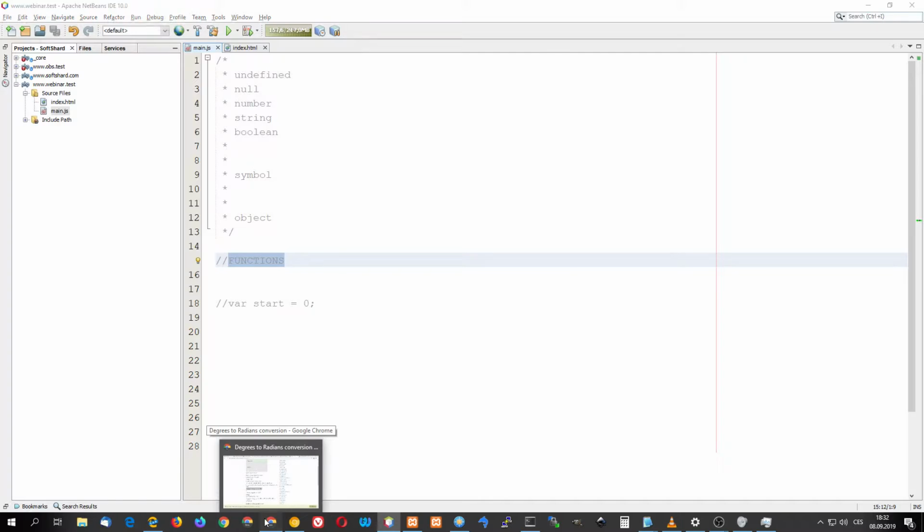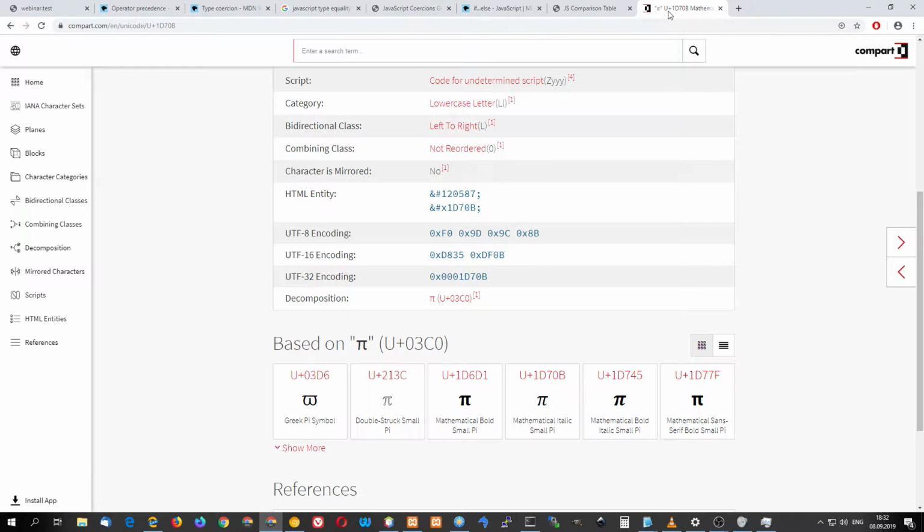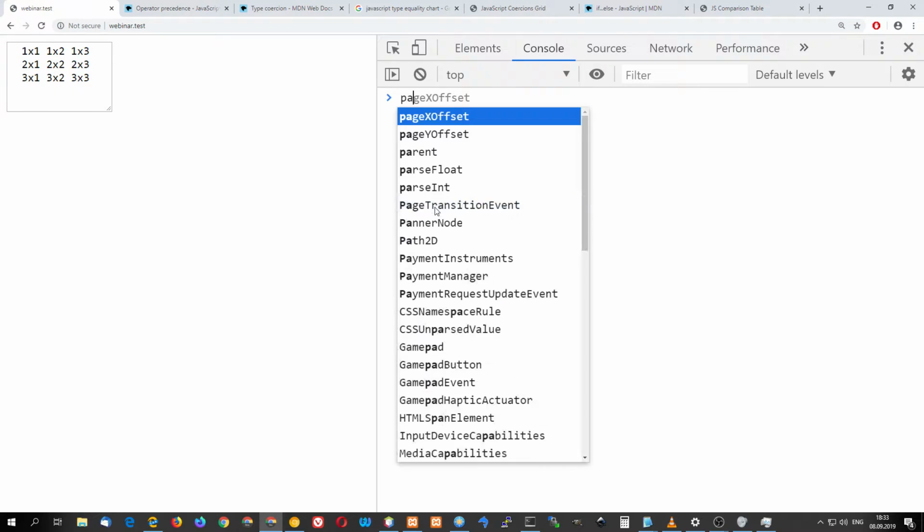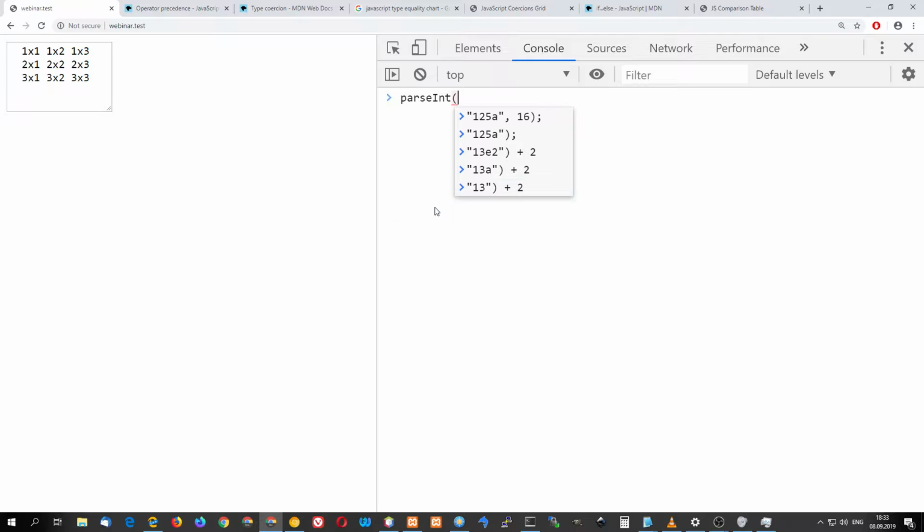We've already met some functions. For example, we've seen this.